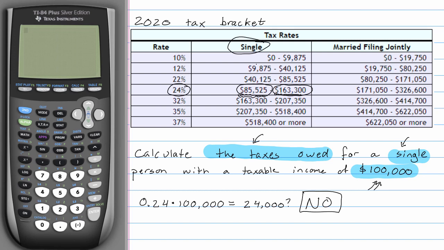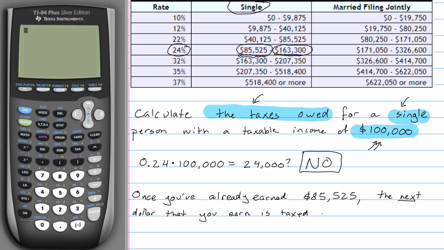A marginal tax rate means once you've already earned $85,525 as a single person in 2020, once you've already earned that much, the next dollar that you earn is taxed at 24%.